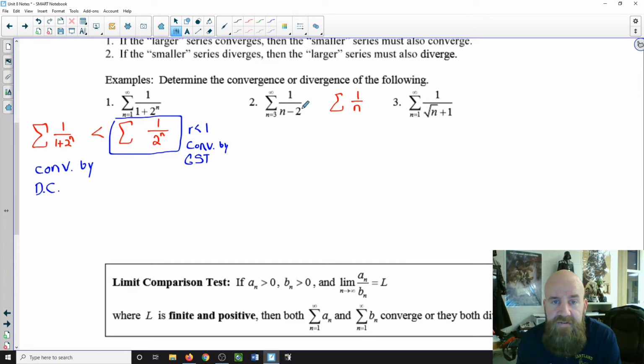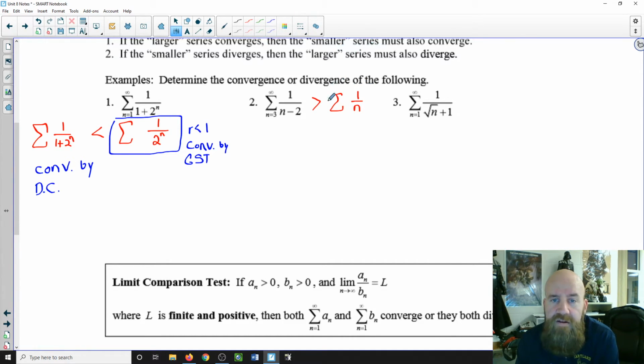And let's think about this: is 1 over n minus 2 smaller or larger? Well, if I subtract 2 from n, it's going to be a smaller number in the bottom, and a smaller value in the bottom would be a bigger number overall. So this is a bigger series.